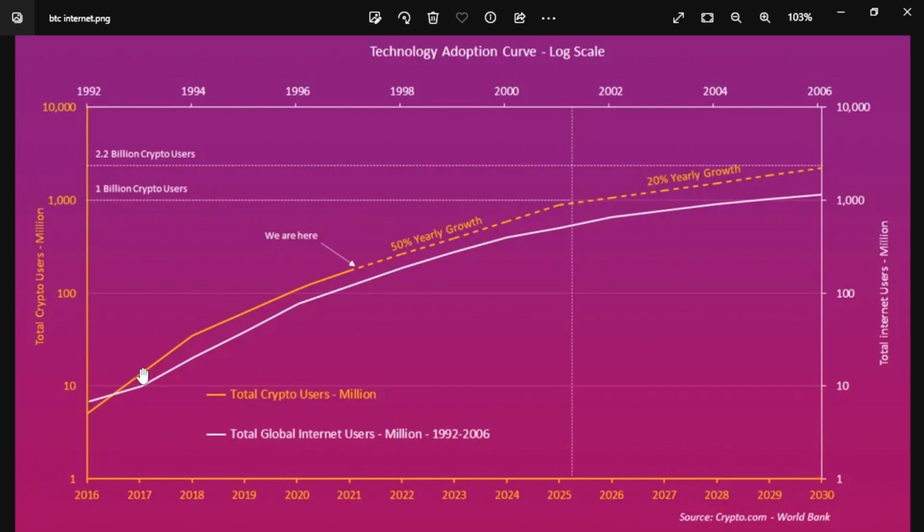We can see it's getting adopted at a rate the same as the internet. These are very similar curves. And so we can assume if we follow this trend, that we'll have a billion people using crypto by around 2025, which isn't that far away. And so this is why I think Bitcoin is a safe bet, with it getting adopted as quickly as the internet and even mobile phones.